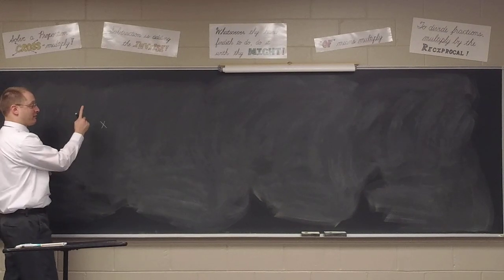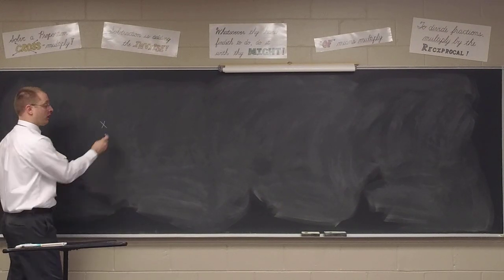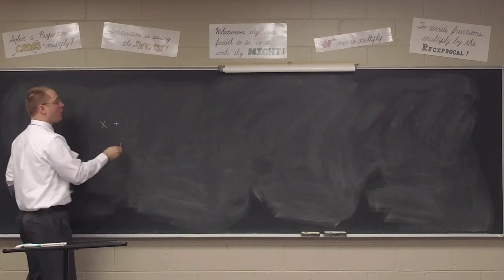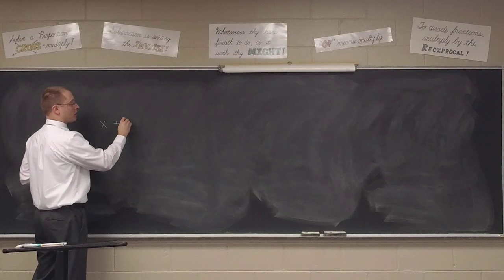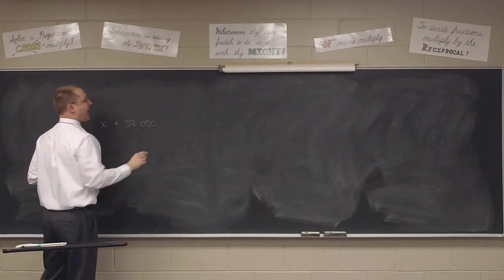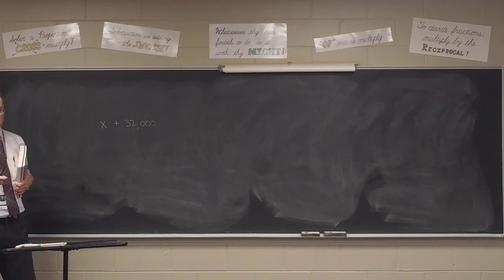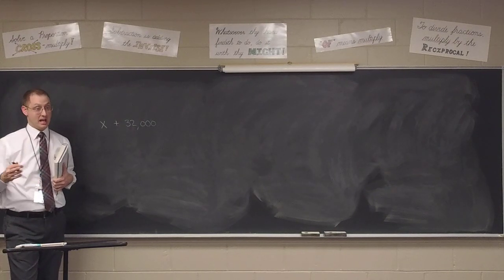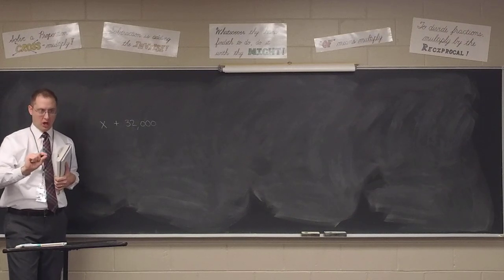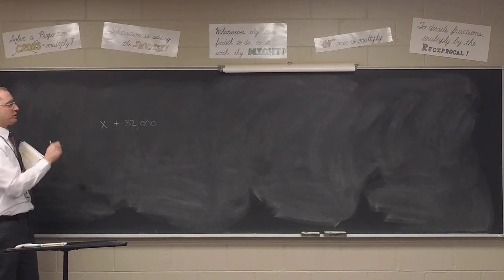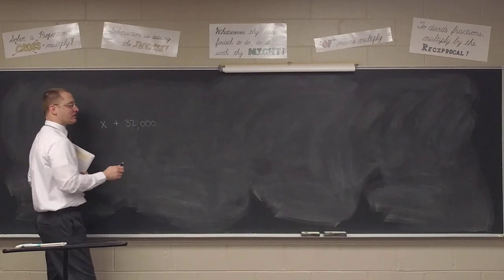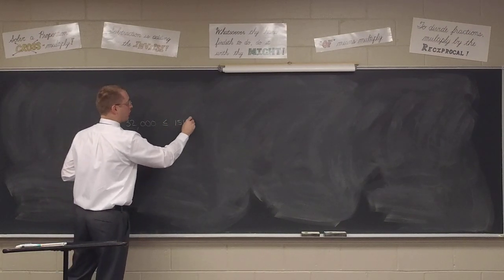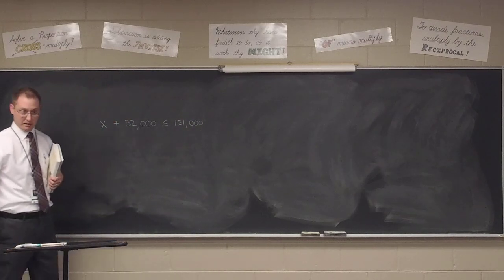They're going to pay to have the house built plus a lot that costs $32,000. And to say equals $151,000 would be a lie. Because let's face it, if they could spend less than that, they'd be happy, right? At most, $151,000. So not equals $151,000, but less than or equal to $151,000. Does that make sense?